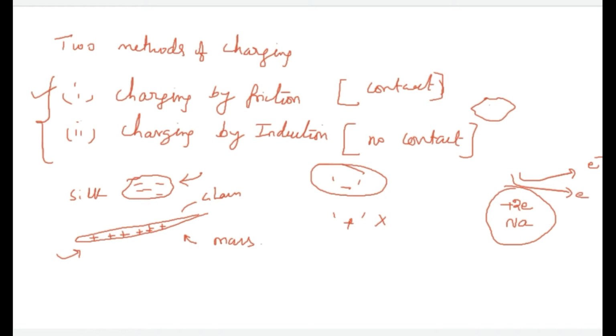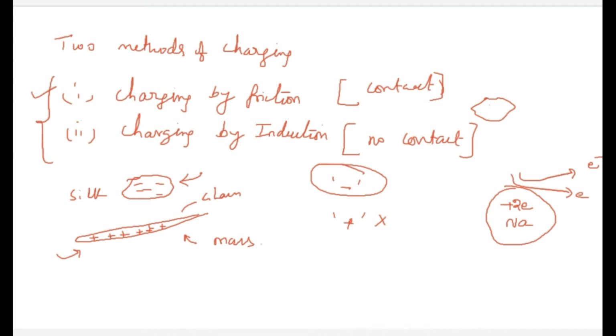Losing. It is losing electron, and the silk cloth becomes negative, means it is losing electron or gaining electron? It's gaining electron. Then what can you say about the mass of the silk cloth or the mass of the glass rod? Will it be the same, or different, increased or decreased?